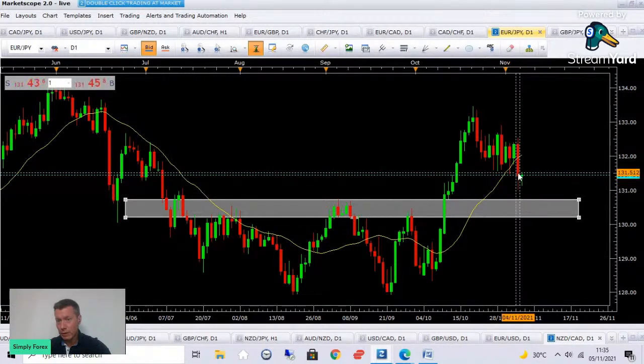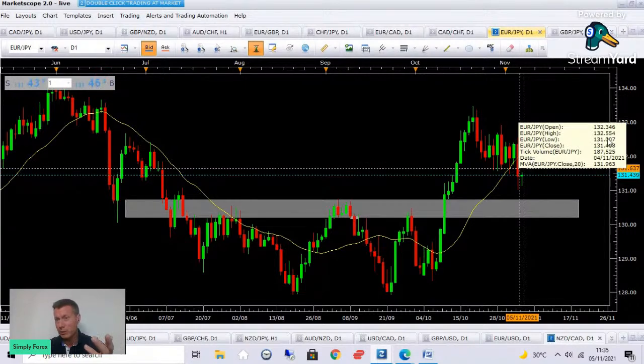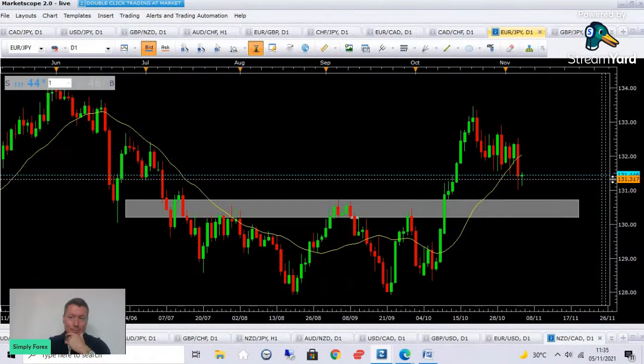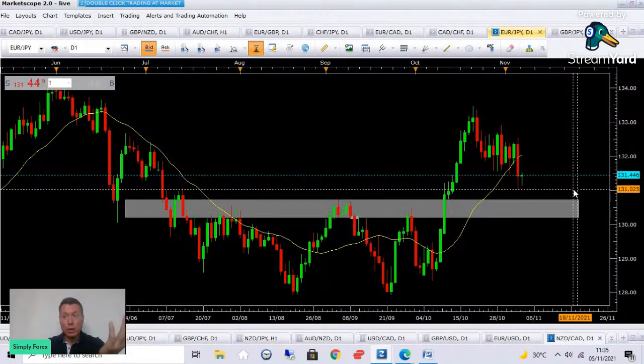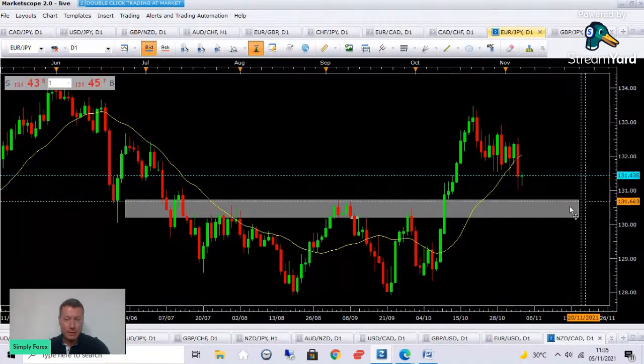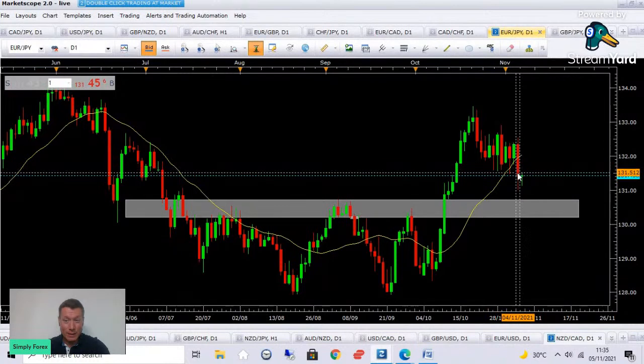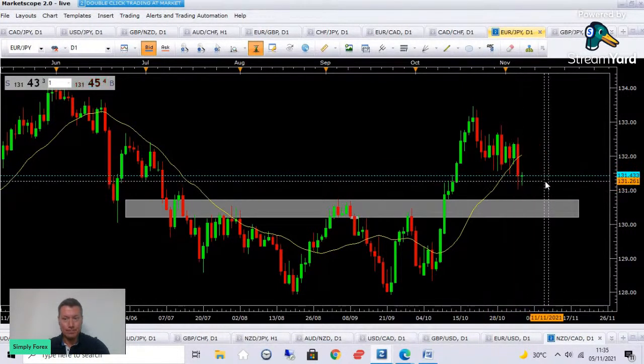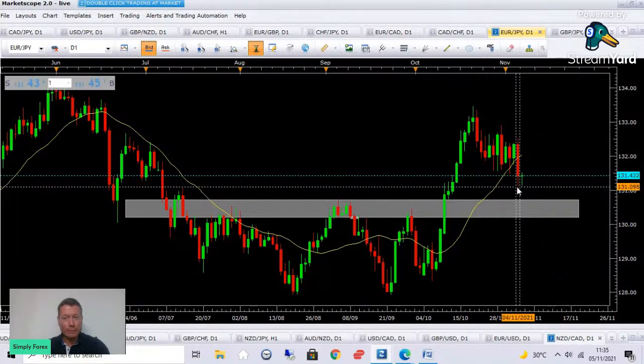So what was the low? If you click on the candle, it will give you the price. The low yesterday was 131 dead. These are like psychological prices, 131.00, 131.50. And I can see this large red candle has had a bit of a rejection at this level. So for that reason, I wouldn't short this pair.